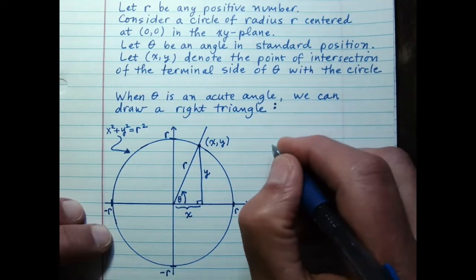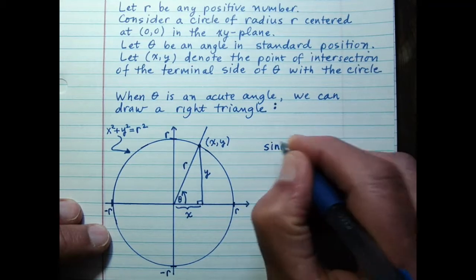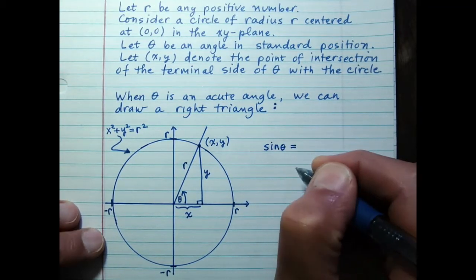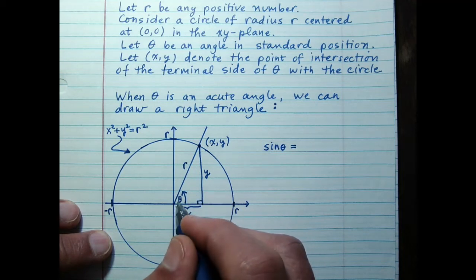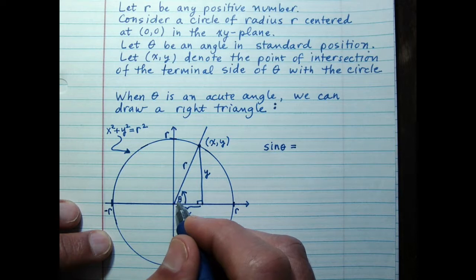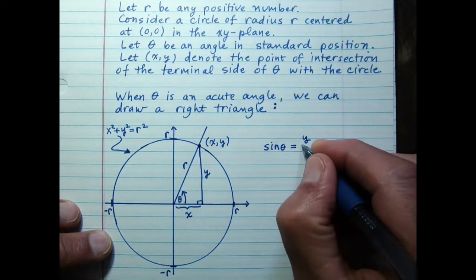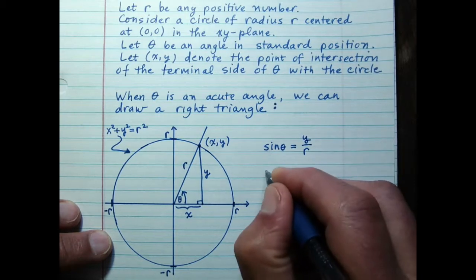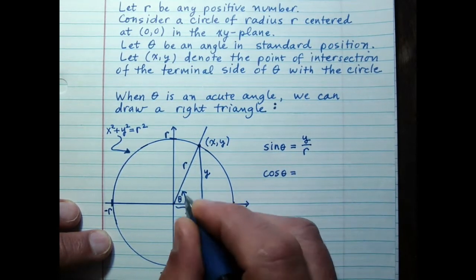And so we can write down sine of theta. Now we're going to base this on SOHCAHTOA, right? We have a right triangle in this picture. Sine of theta is opposite over hypotenuse, but in this picture, opposite over hypotenuse is y over r. Cosine theta is adjacent over hypotenuse.